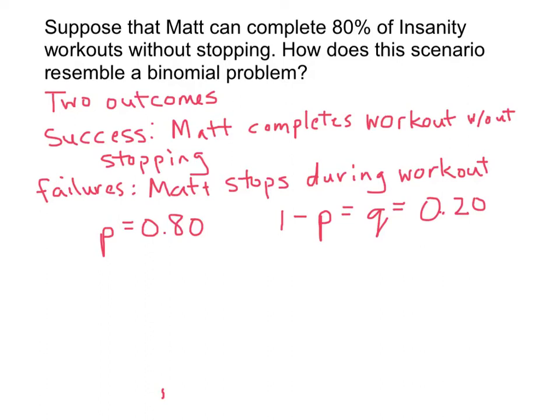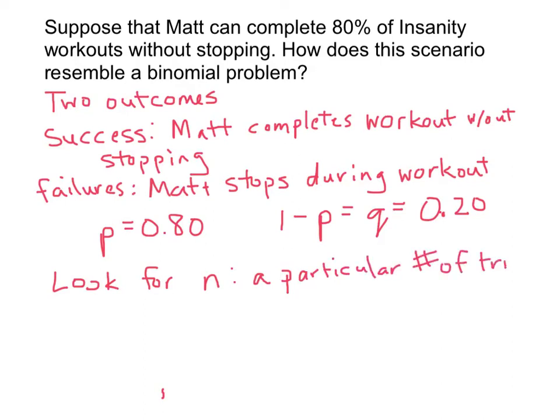What we would also look out for, which it doesn't have just now because I stopped the question before posing it, is a particular number of trials, which we call N. We don't see it yet, but we'll see it in the next frame.